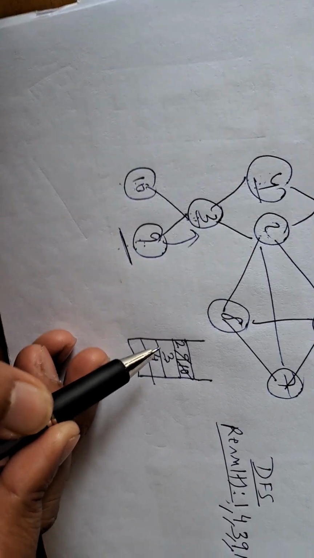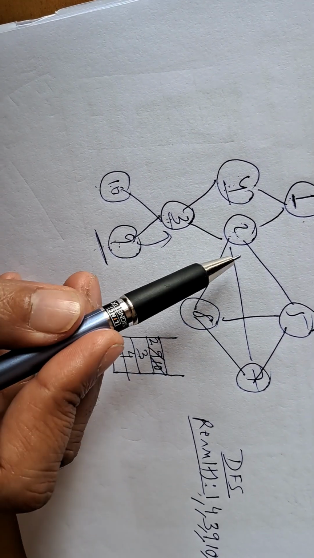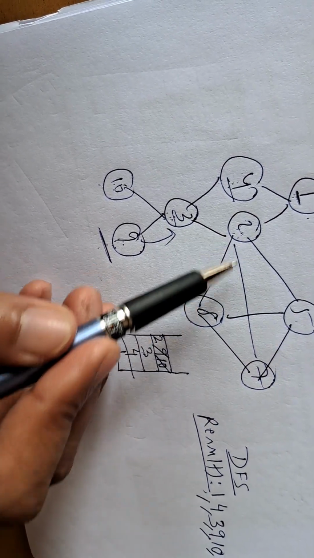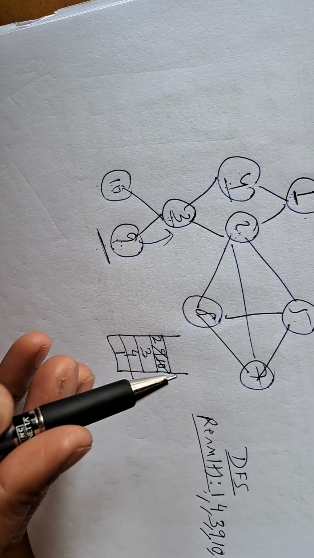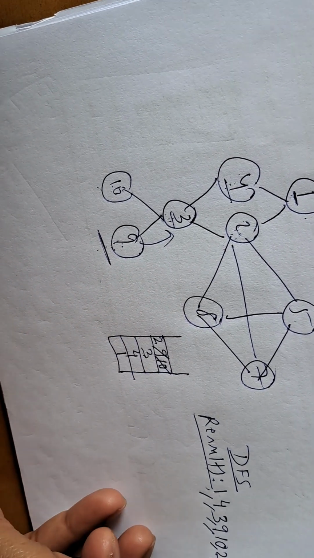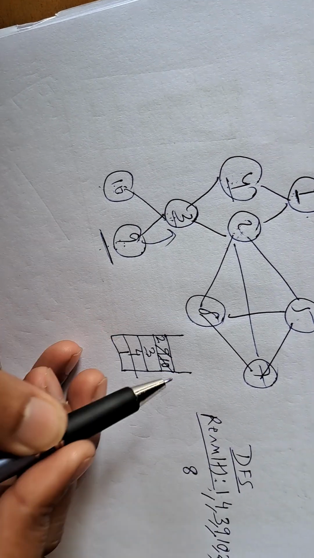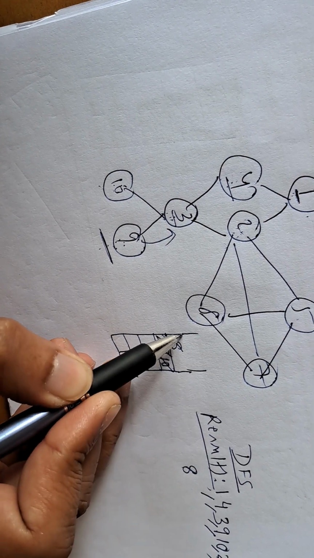And from 2 you can see the different vertices you can access: either you can go to 5, 7 or 8. Let's say I have taken 8.